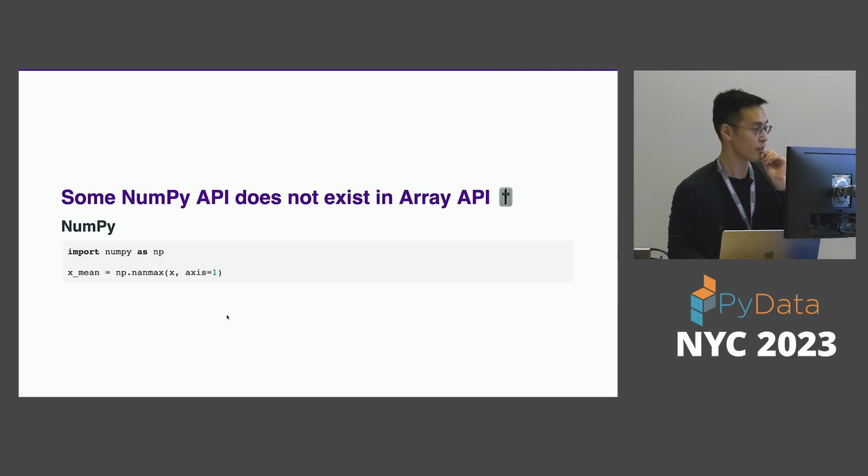We run into cases in scikit-learn where there are some useful NumPy functions that are not in Array API, like nanmax. This doesn't seem too bad. It's the max, but ignoring the NaNs.